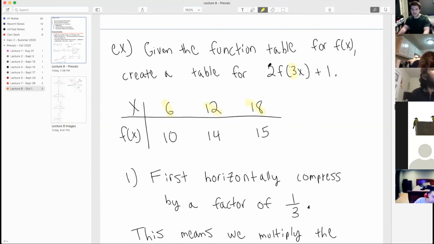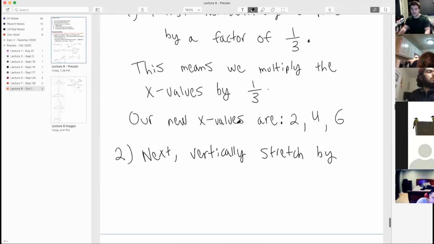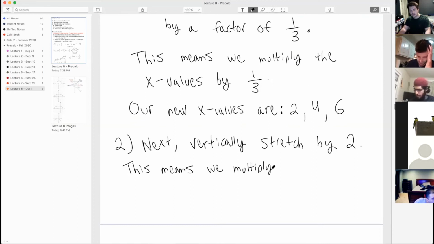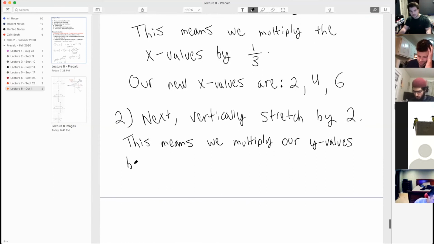So we have to look at this coefficient in front of f, and it is 2. So we vertically stretch by 2. This means, so what's the algebraic interpretation of this? This means we multiply our y values by 2. Okay?